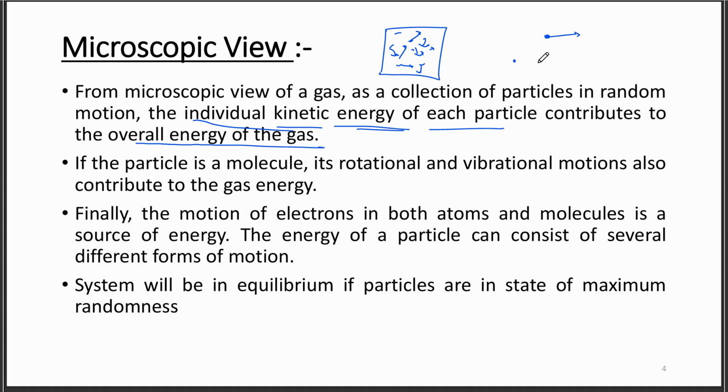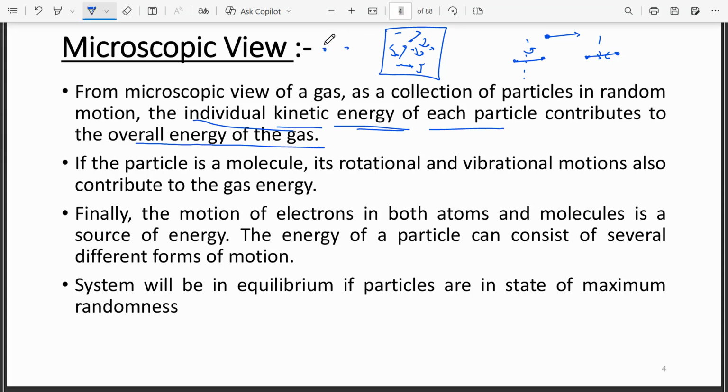Let's say there is one molecule, so it can rotate about one axis, so it will have rotational kinetic energy also, and this molecule can vibrate about this axis. Both particles can vibrate, so it will also have vibrational energy. Finally, if you see one atom or molecule, it will have electrons.